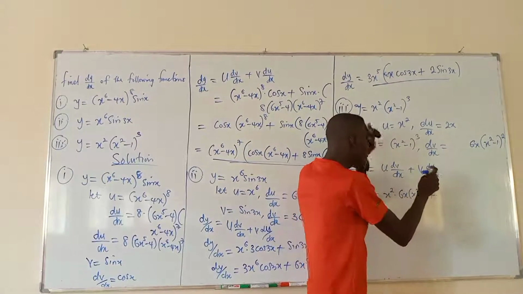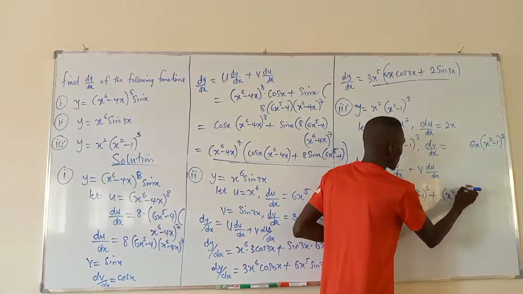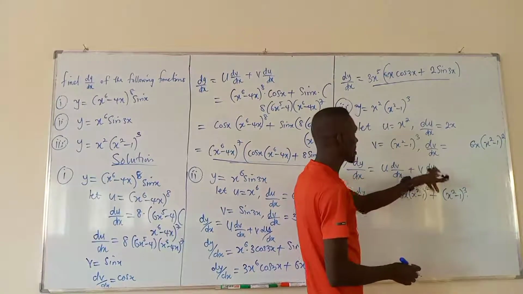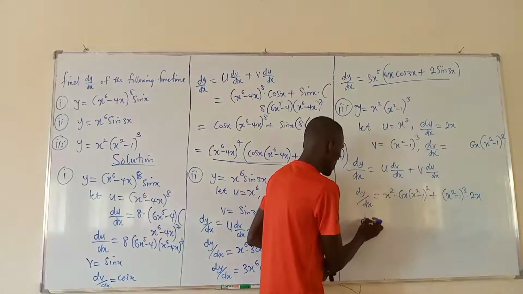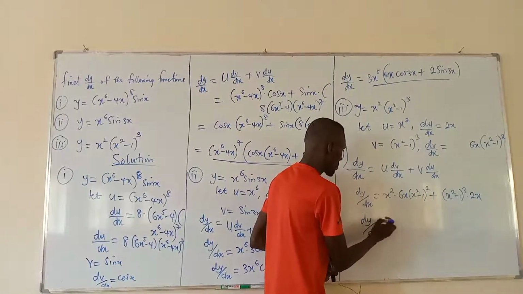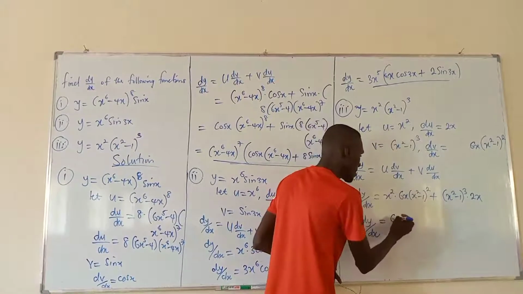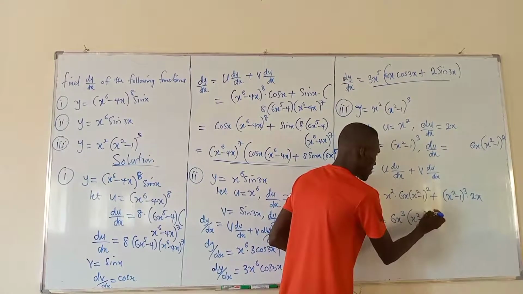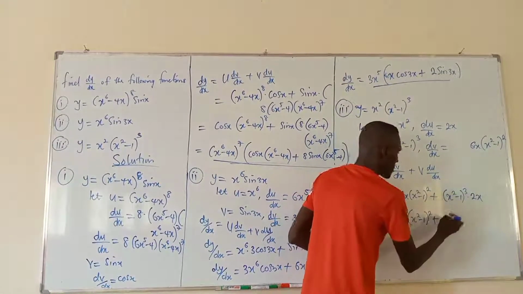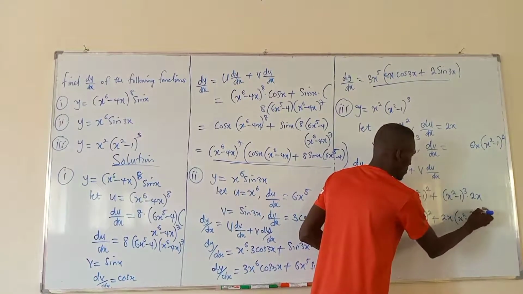Then plus what is v? v is (x squared minus 1) raised to power 3 times what is du/dx, which is 2x. Now clearing things down, we're having dy/dx equals, this is x squared times 6x, that's going to be 6x cubed, (x squared minus 1) raised to power 2, plus the whole of this is going to be 2x, (x squared minus 1) raised to power 3.